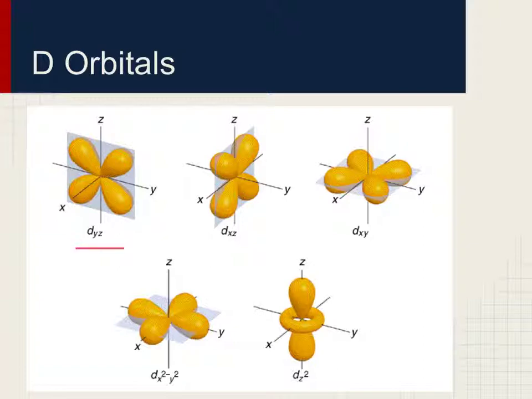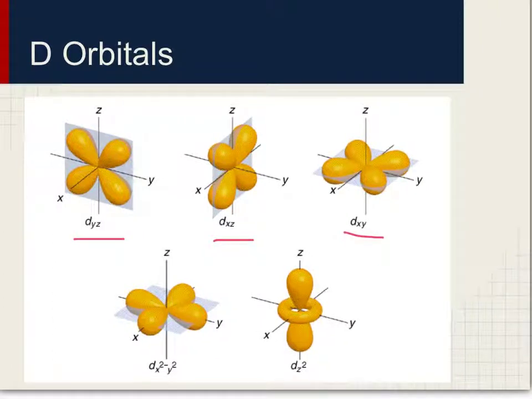The plane in this one looks like it's a d orbital on the yz plane, a d orbital on the xz plane, on the xy plane, and we call this one on the dx2-y2 plane, and then this crazy looking d orbital that looks like a p orbital with a donut around it, but this is the 5th d orbital. We call it the dz2 orbital. I'm not going to ask you to draw these, but I will expect you to recognize their shapes.